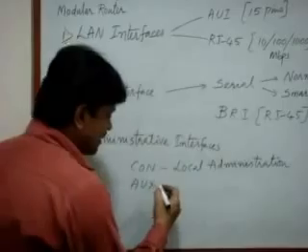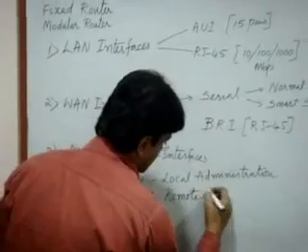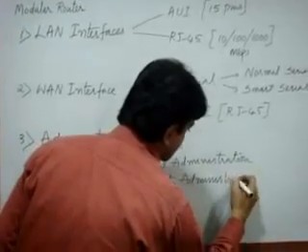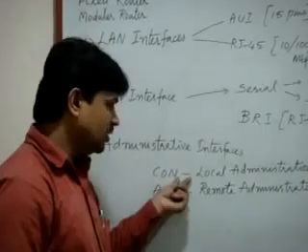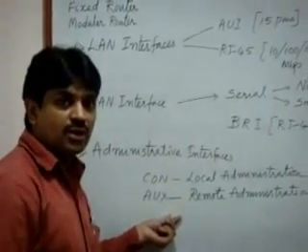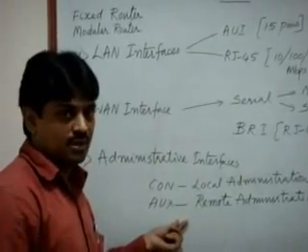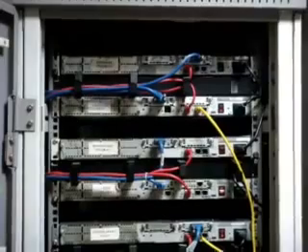Next, the auxiliary port is for remote administration. So we can access the router remotely, maintain it, and troubleshoot problems. So these are the interfaces available in the router.